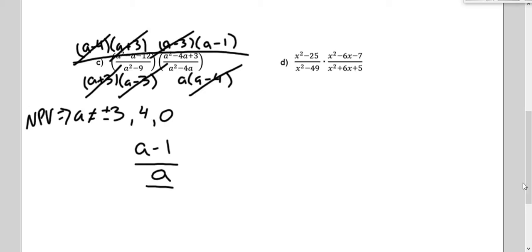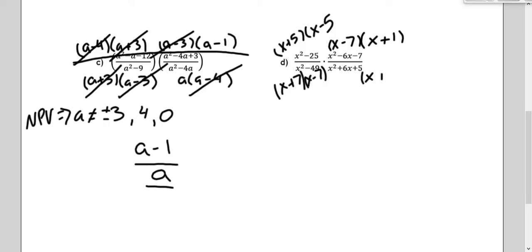Okay, next one. Factor. This gives us x plus 5, x minus 5, x plus 7, x minus 7. This is x minus 7, x plus 1, x plus 5, x plus 1. Okay, remember this is all one big line.